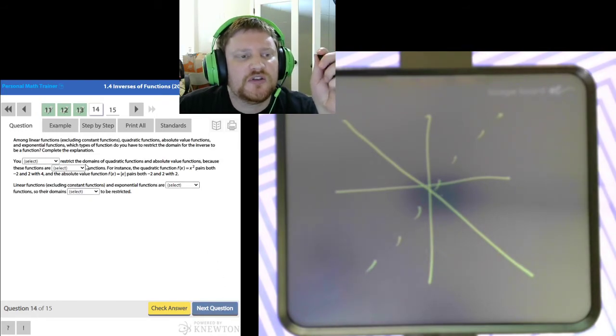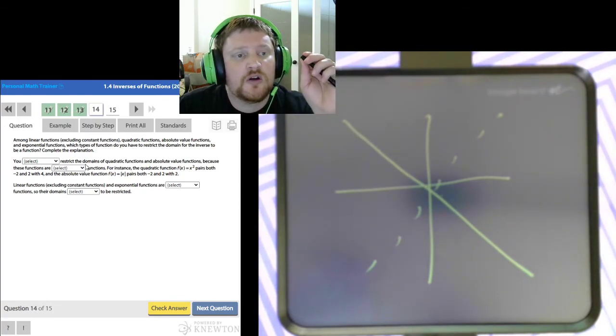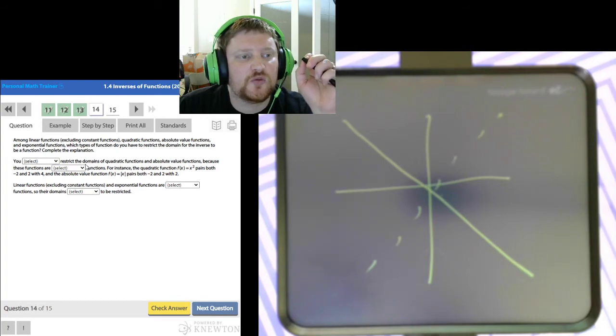Among linear functions, excluding constant functions, quadratic functions, absolute value functions, and exponential functions, which types of functions do you have to restrict the domain for the inverse to be a function? Complete the explanation.